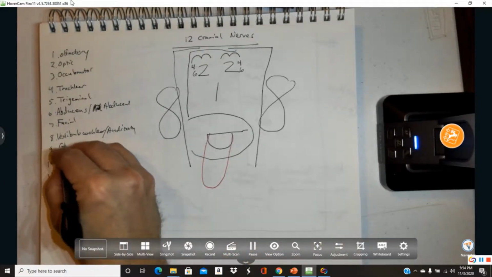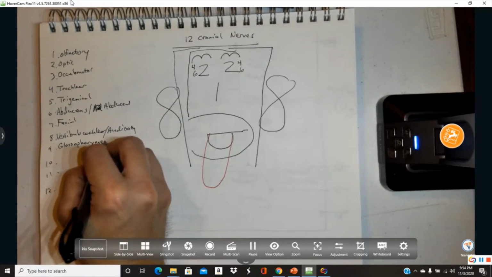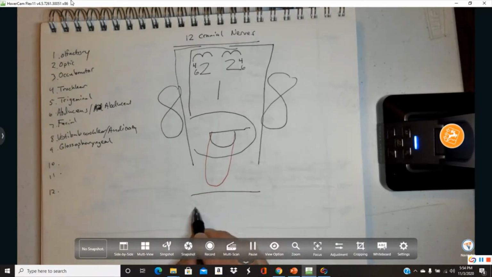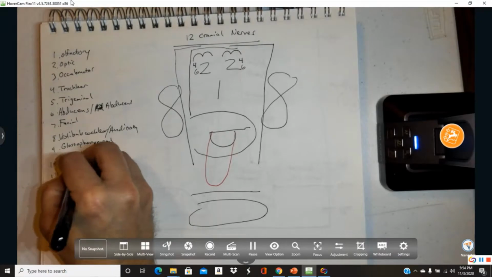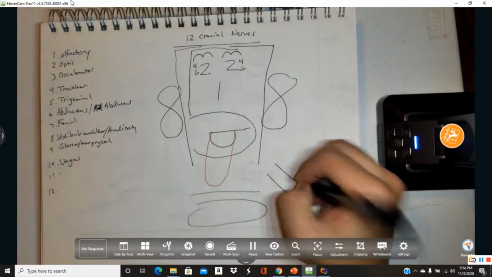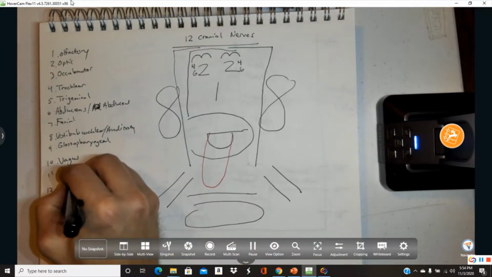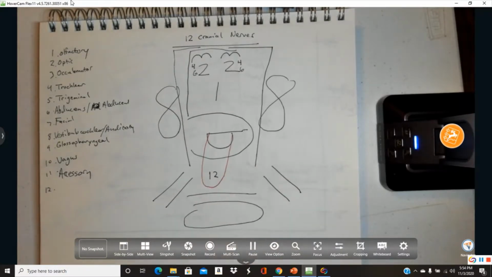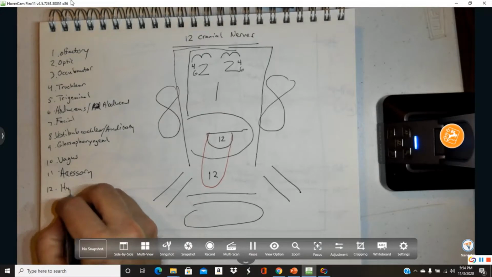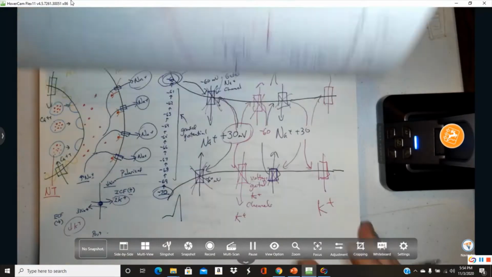It's called the glossopharyngeal. Number 10 is going to be down here, and that's the vagus. Number 11, let's make our shoulders out of 11s. Accessory, or spinal accessory. And number 12, right on the tip of the tongue here, which I used to always put there, by the way, is the hypoglossal. Let me redraw this on the other side here.